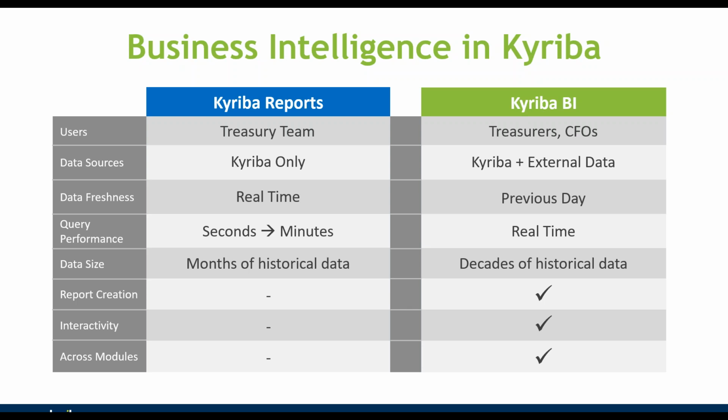The data size, so you have all your historical data in the system, so months of historical data really looks to be the ideal amount of information that you would be running in a report. The reason why I say that is because the moment you try and run a report for the last 5 years of cash flows, you know things are going to get bogged down pretty quick. So pragmatically, if you have a lot of information in your database, you're going to find that months is pretty much the time scale you're working with.